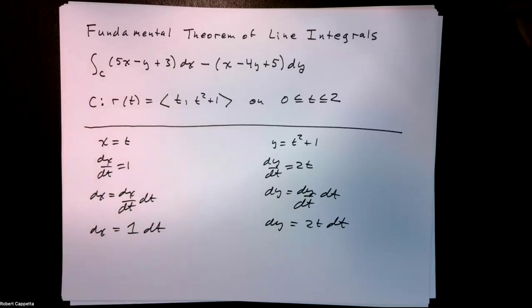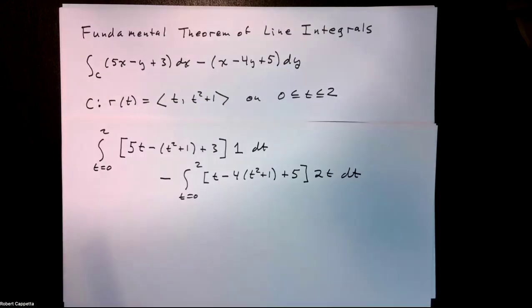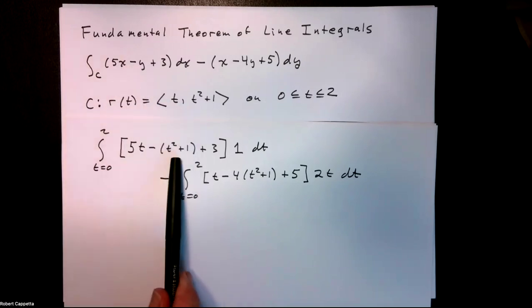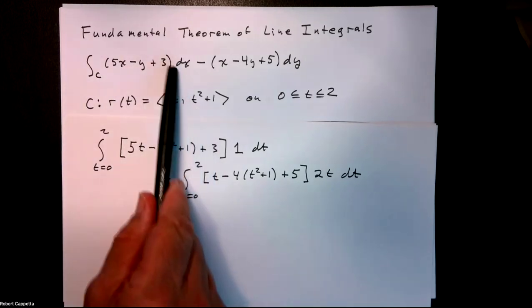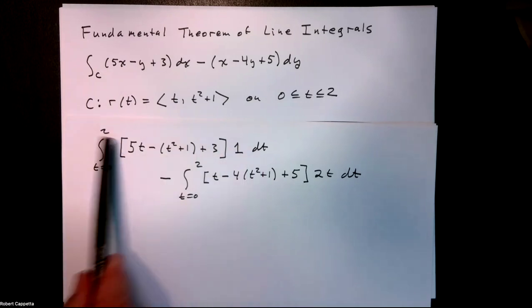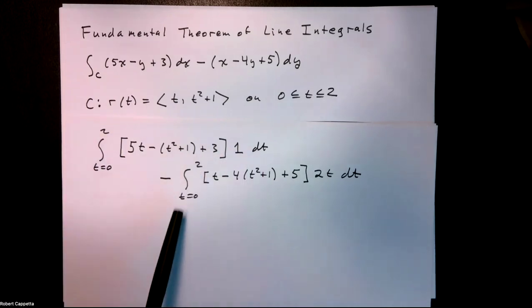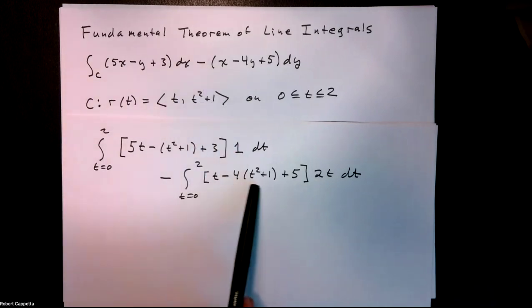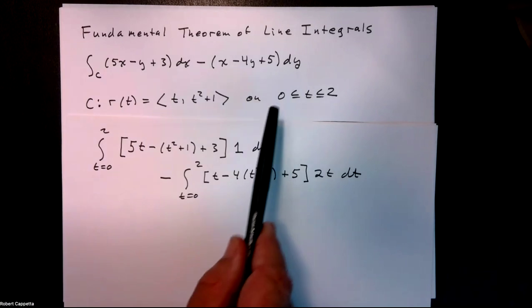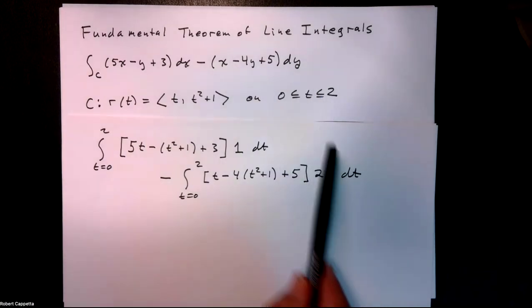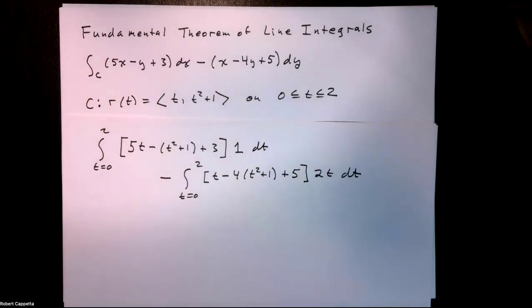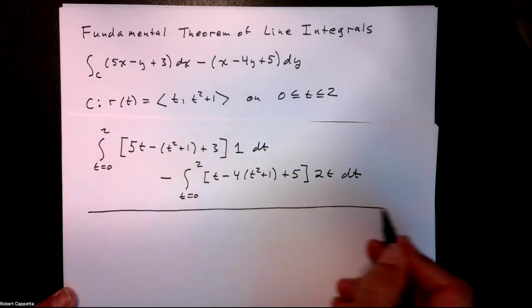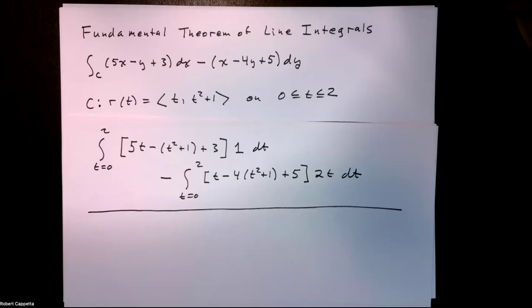So let's rewrite that integral. 5x becomes 5t, minus y becomes minus t squared plus 1, plus 3. dx is 1 dt, t ranges from 0 to 2, minus another integral as t goes from 0 to 2. x is t, minus 4y, y is t squared plus 1, plus 5. dy is 2t dt. These integrals are not terribly difficult, but let's go ahead and use technology for expedience's sake.